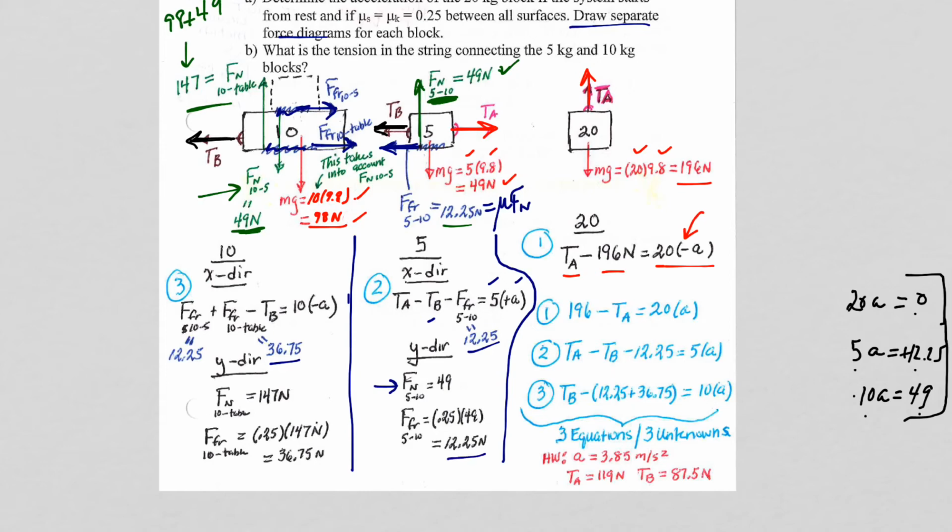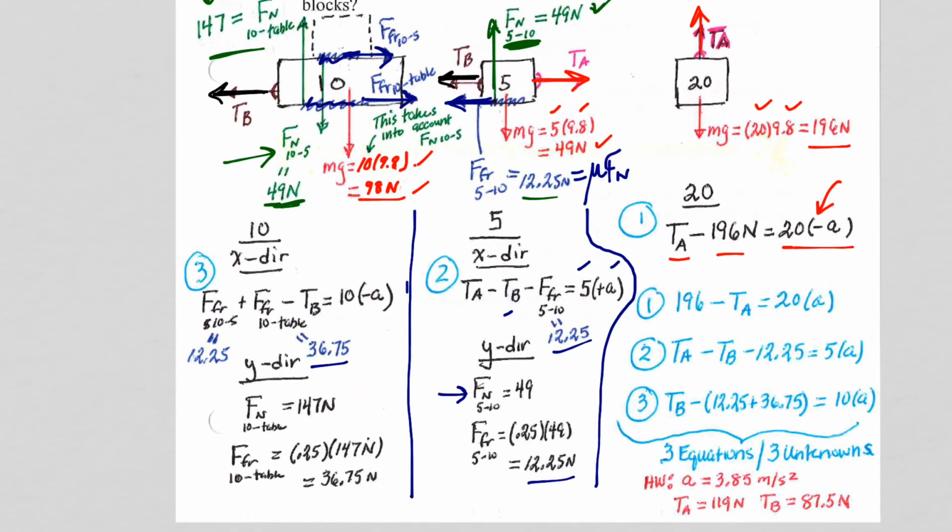Okay, the 10 kilogram block. The 10 kilogram block in the x direction has both frictions going to the right, so that's why they are positive: 12.25 and 36.75. Where did that come from? Well, that's friction. That's mu times the force normal, and you can see I have it down here.